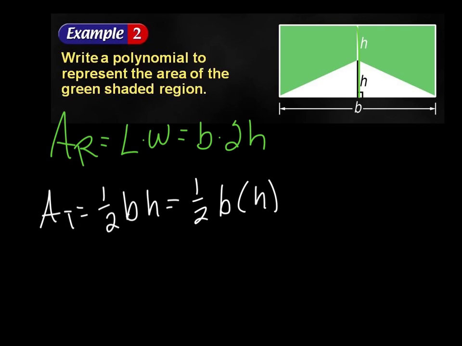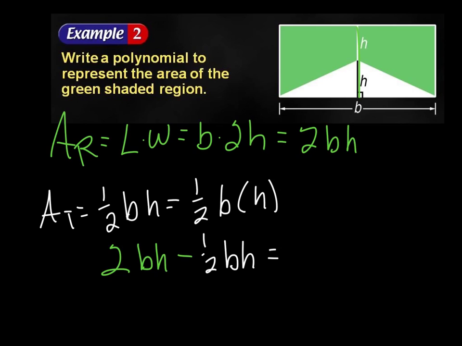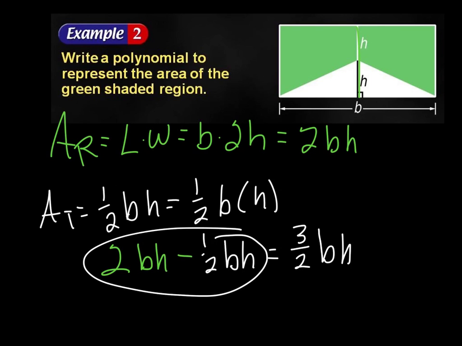If we simplified our rectangle, we had 2bh. So to find the white part, we just need to subtract. 2bh minus 1/2 bh would be 3/2 bh. Now they left their answer as a binomial, but since we can combine like terms, it would be a monomial.